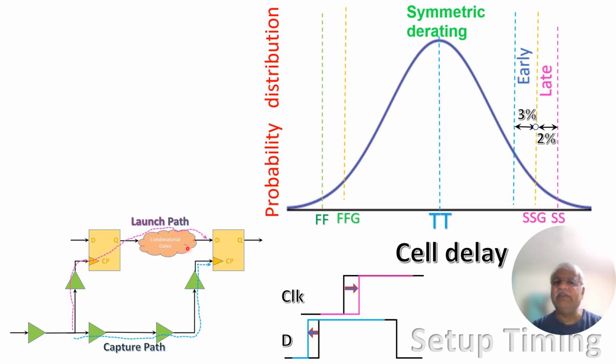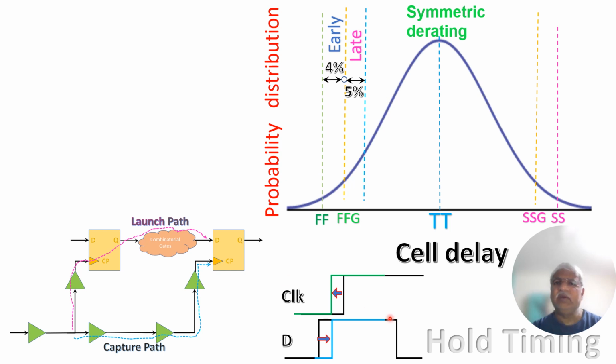So they are applied, and hence now all the devices will undergo variation, and you will see a more realistic representation of the silicon. Hence this has more chance of surviving in silicon, and this will also lead to a lesser amount of area and power dissipation, because now there is no overestimation compared to asymmetric derating.